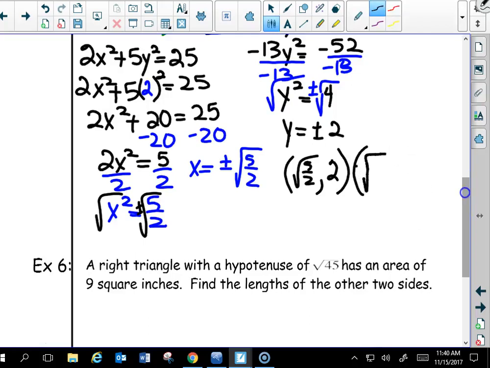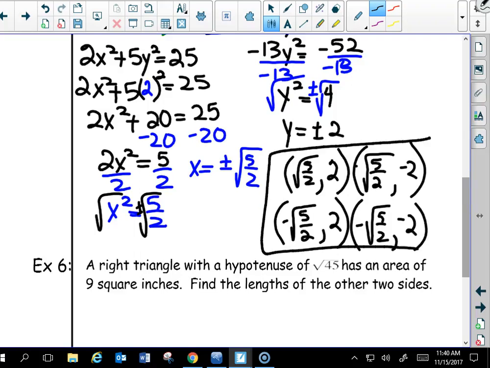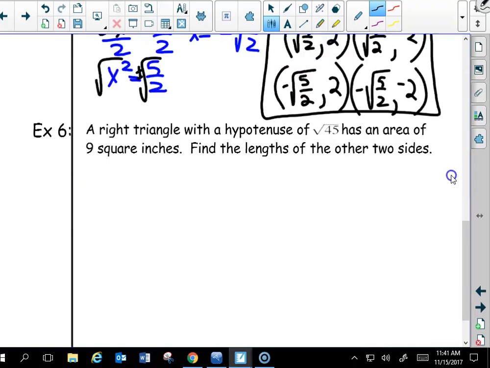So positive square root of 5/2 and a -2. And then negative square root of 5/2, +2, and negative square root of 5/2, and a -2. Again, the quiz itself will tell you how many solutions to expect because this has you filling in answers.